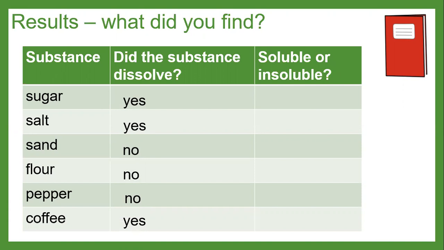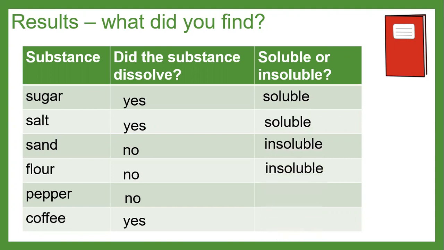Okay, now looking at those results, are these substances soluble or insoluble? Sugar is soluble, salt is soluble, sand is insoluble, flour is insoluble, pepper is insoluble, and coffee is soluble.